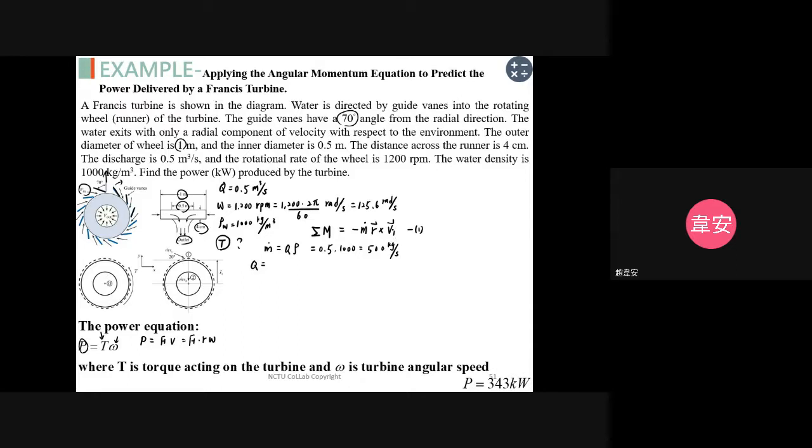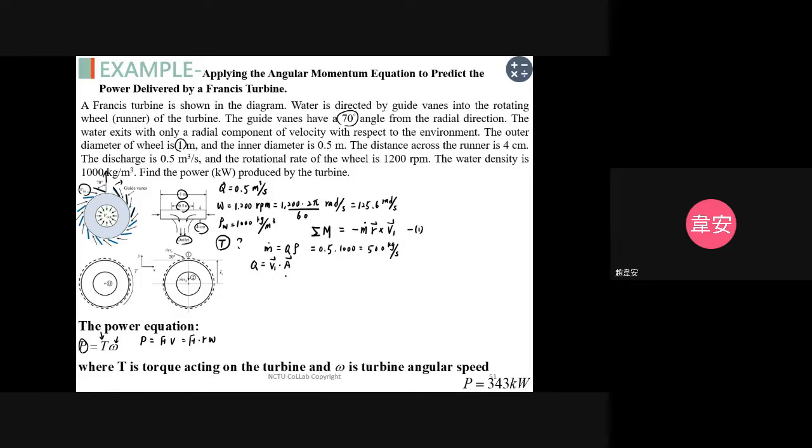Okay, so what is the V1? We know the discharge is equal to the velocity vector dot product with the cross-section area.